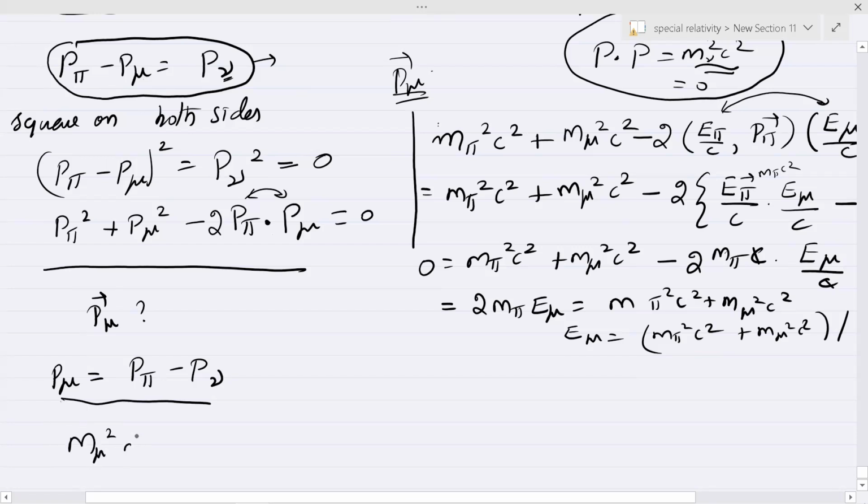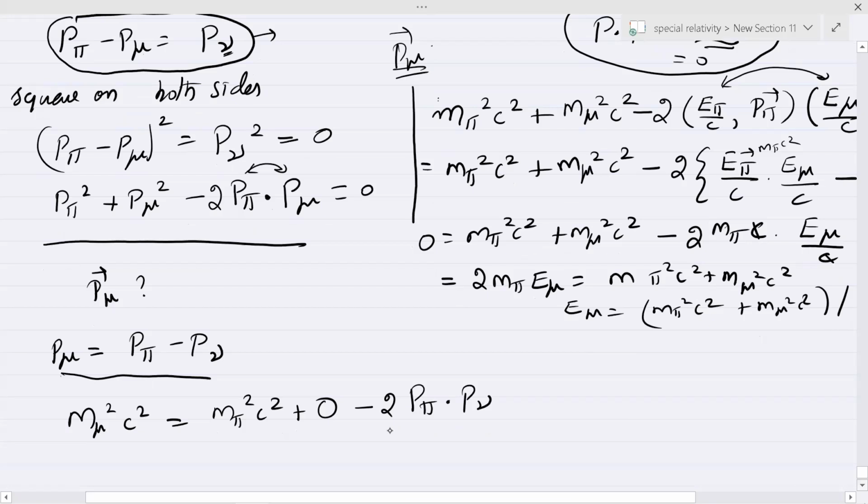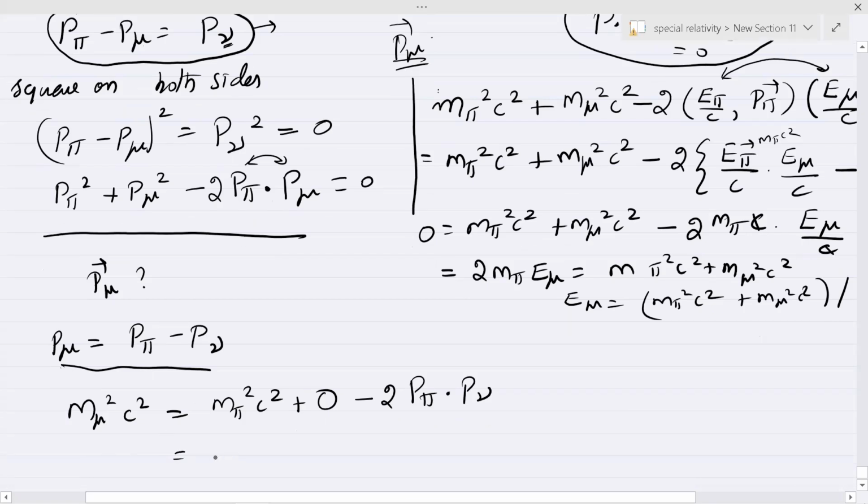That's equal to p pi square, which is m pi square c square, p nu square is 0, and then you have this term 2 p pi dot p nu, where these are 4 vectors. So that's equal to m pi square c square minus 2.